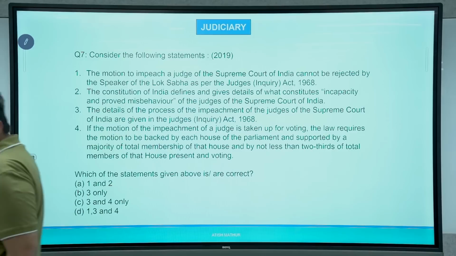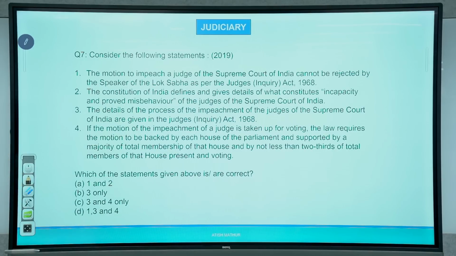Look carefully. The motion to impeach a judge of the Supreme Court cannot be rejected by the Speaker of the Lok Sabha as per the Judges Inquiry Act. The Constitution of India defines and gives details of what constitutes incapacity and proved misbehavior of the judges of the Supreme Court of India.